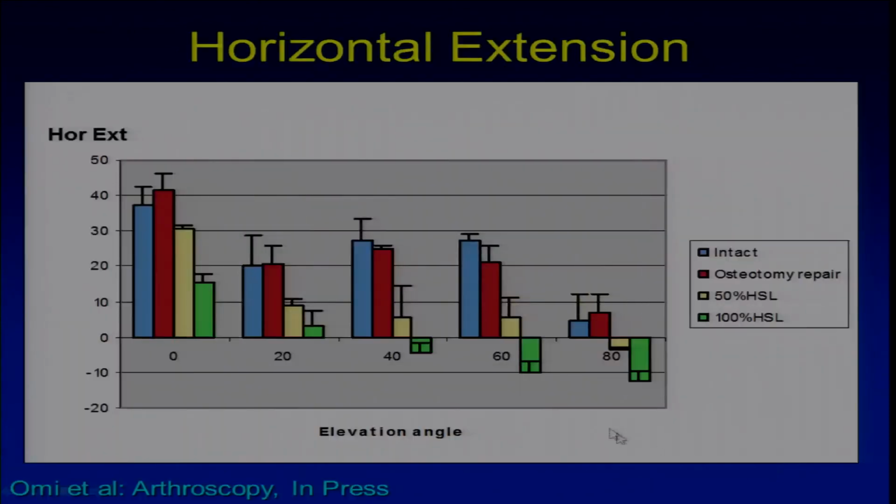We performed this cadaveric study, which will soon be published in Arthroscopy, and we used cadaveric shoulders, and we measured the horizontal extension, which was significantly decreased if we create a large Hill-Sachs lesion. Also, the external rotation with the arm in abduction is significantly decreased if you do the remplissage.